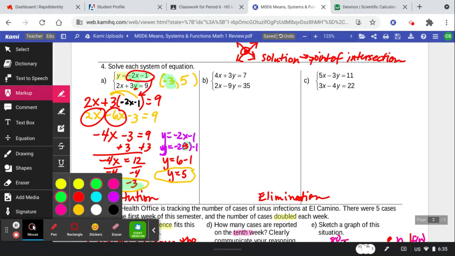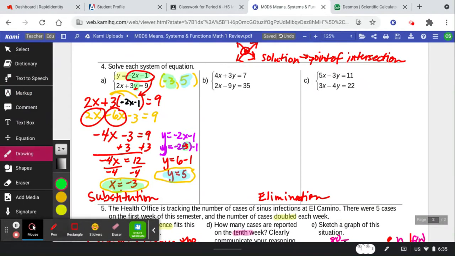And then when we solved and we got that y was equal to 5, that's the other part of my answer. Notice how I write that solution as a full coordinate pair. It's a point of intersection, and you need to give the answer in the x, comma, y format. This method is called solving systems by substitution.